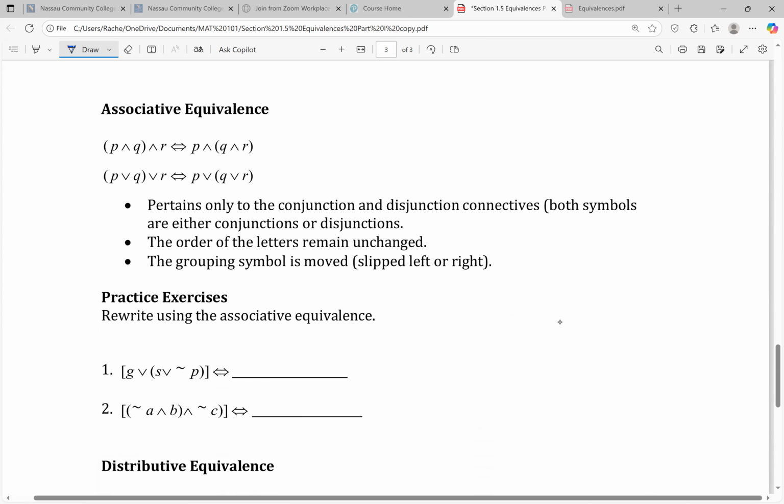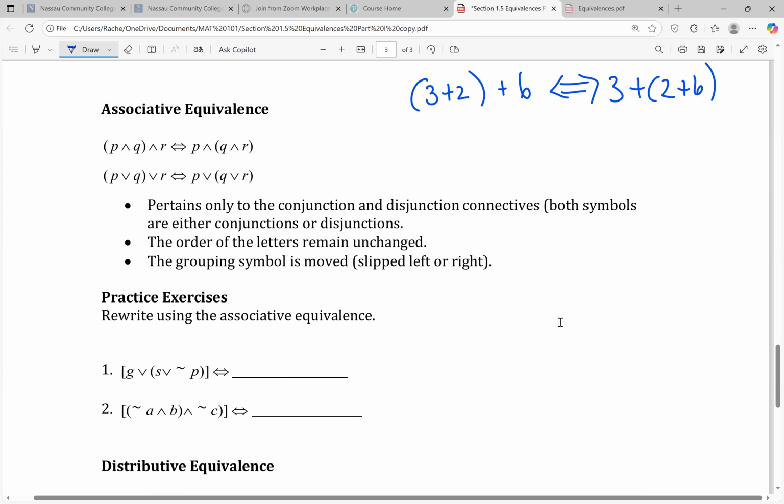We also have the associative equivalence, which is similar to the associative property in math, the algebraic version. For example, if I had, let's say, 3 plus 2 plus 6, I can rewrite that as 3 plus 2 plus 6.